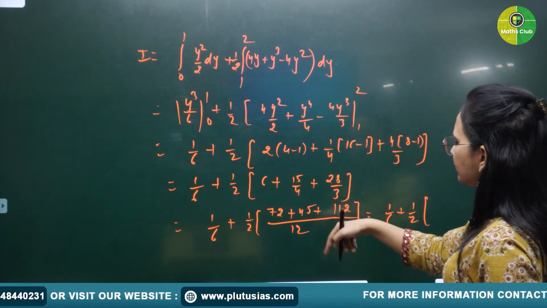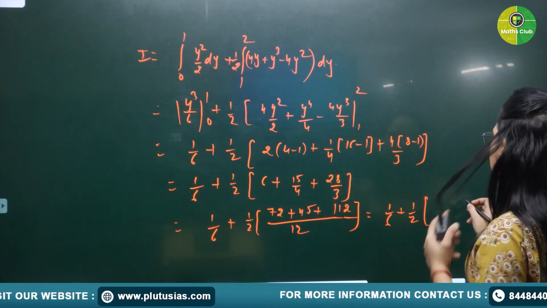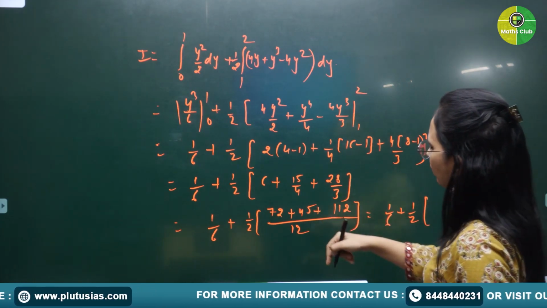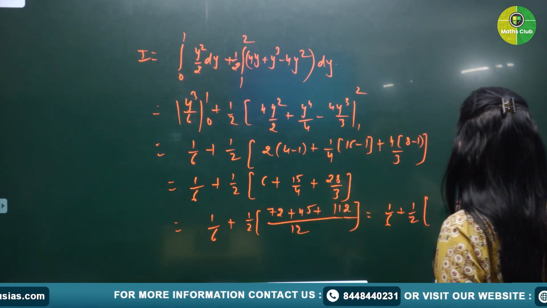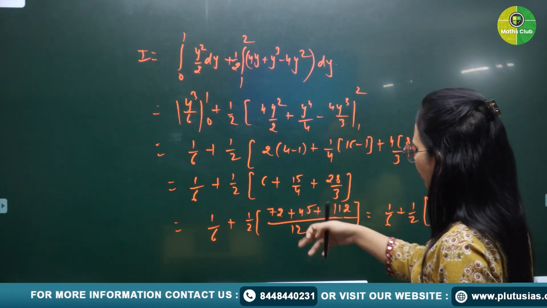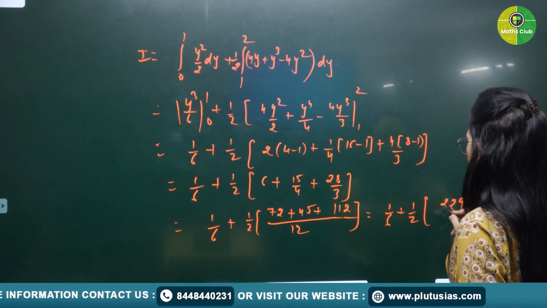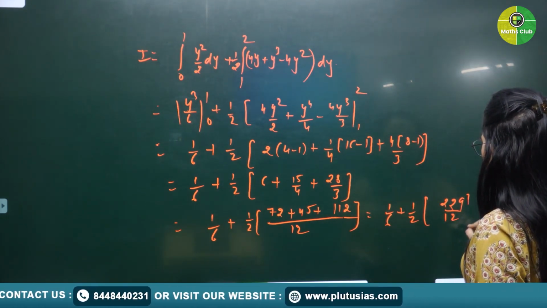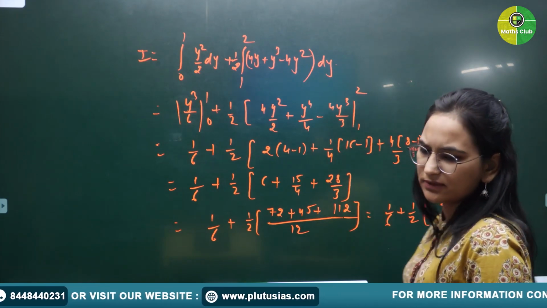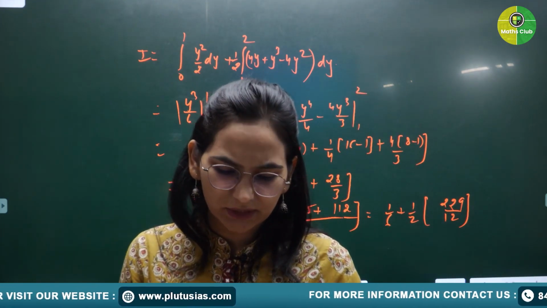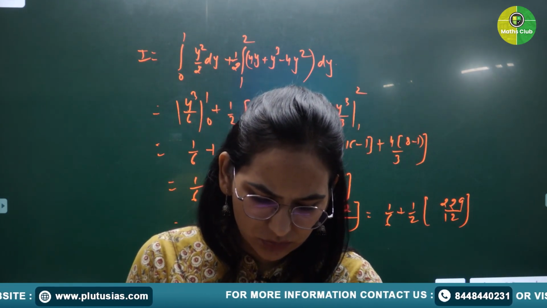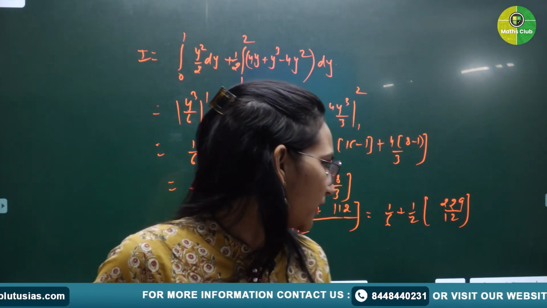The sum becomes 2, 5 and 7, 9. Then 1, 4, 5 and 7, 12. And then we have 1 only, and that is 2 divided by 12. So calculate these values if anything becomes. The answer should come 3 by 8.